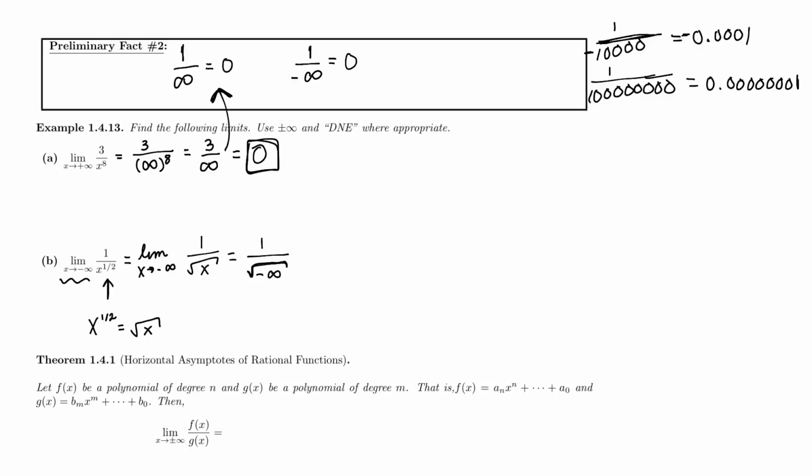If I plug in negative infinity, what problem are we going to have here? Yeah, so there's a negative sign. There's a problem in that we have a negative number under a square root. We can't have that.